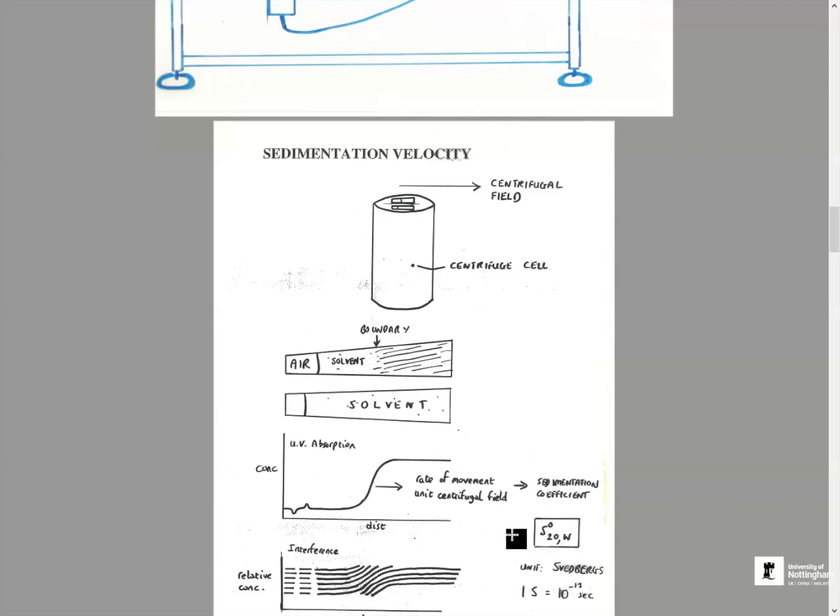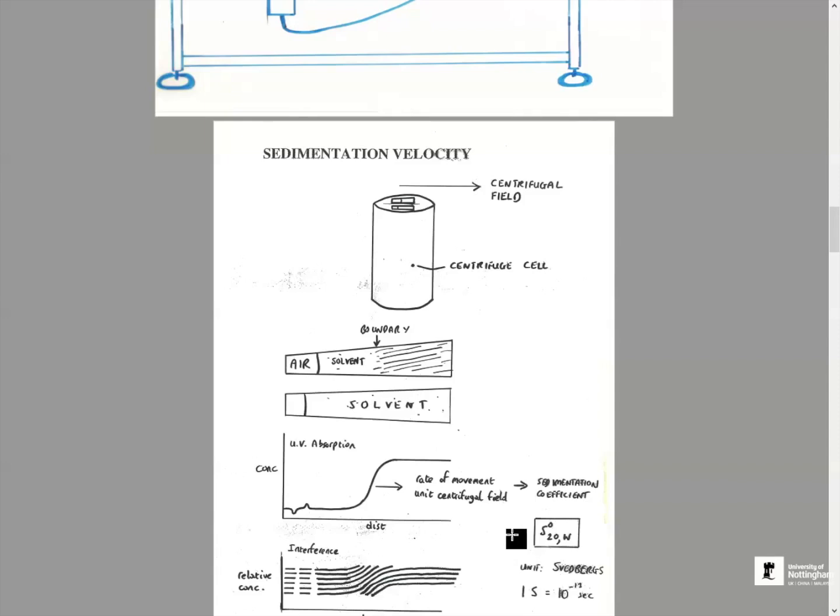So what we do is we standardize to standard conditions. We standardize the sedimentation coefficient using special formulae on computers to the density and viscosity of water at 20 degrees centigrade.